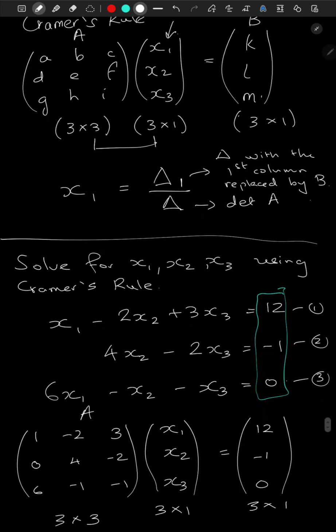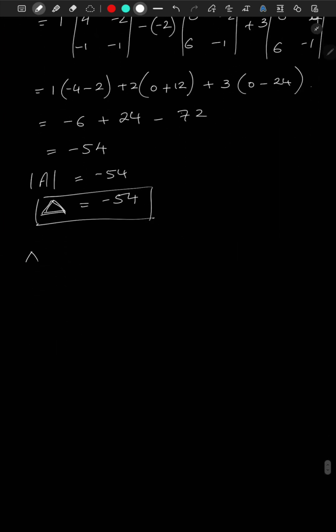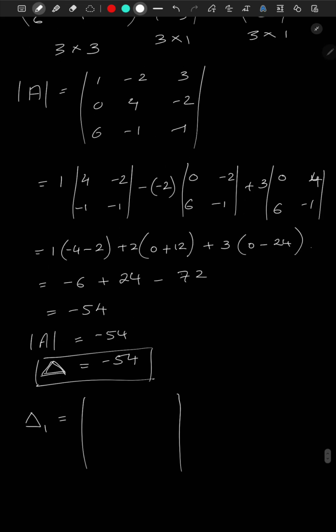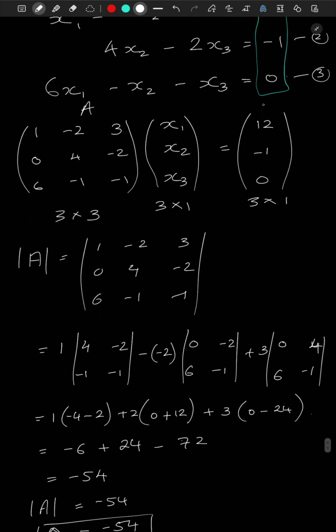Now to find the first one, x1, we have to find the determinant of x1. So the determinant of 1. Now what is the determinant of 1? We have to replace the first column of A by the column B over here.